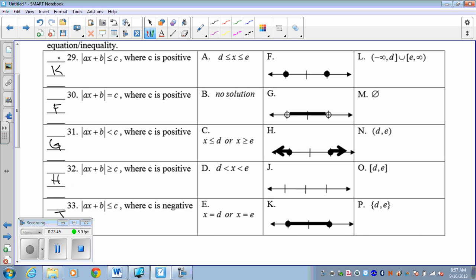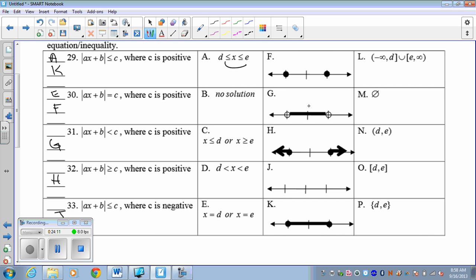Come back up here, so we know k is the graph, so I need something that's trapped in between two numbers and has the equal sign, so that's a. x is trapped in between the two numbers. f is just 2 dots, so I'm looking for equals, that's e. g is the graph.